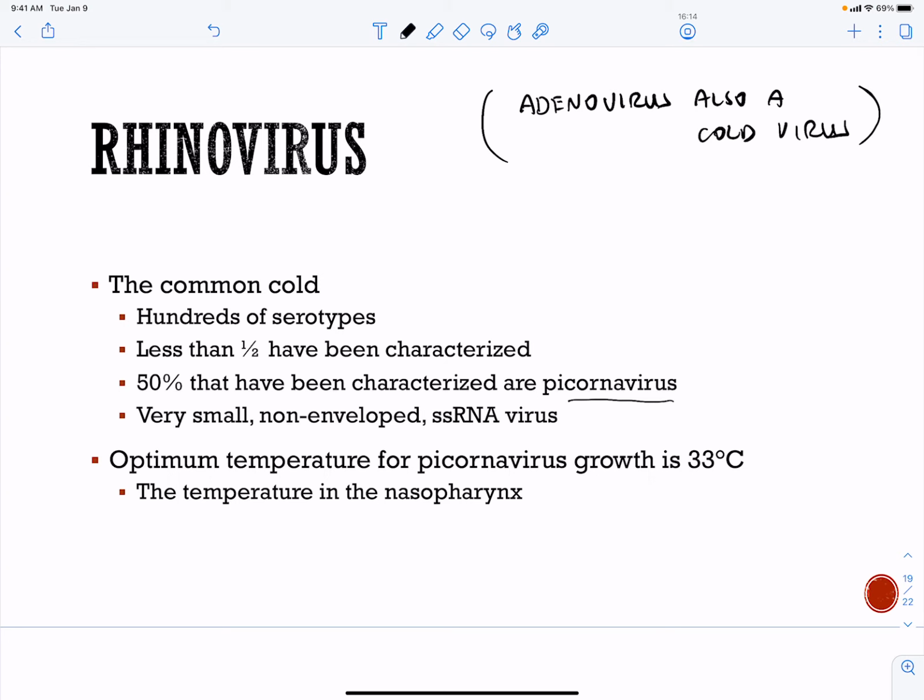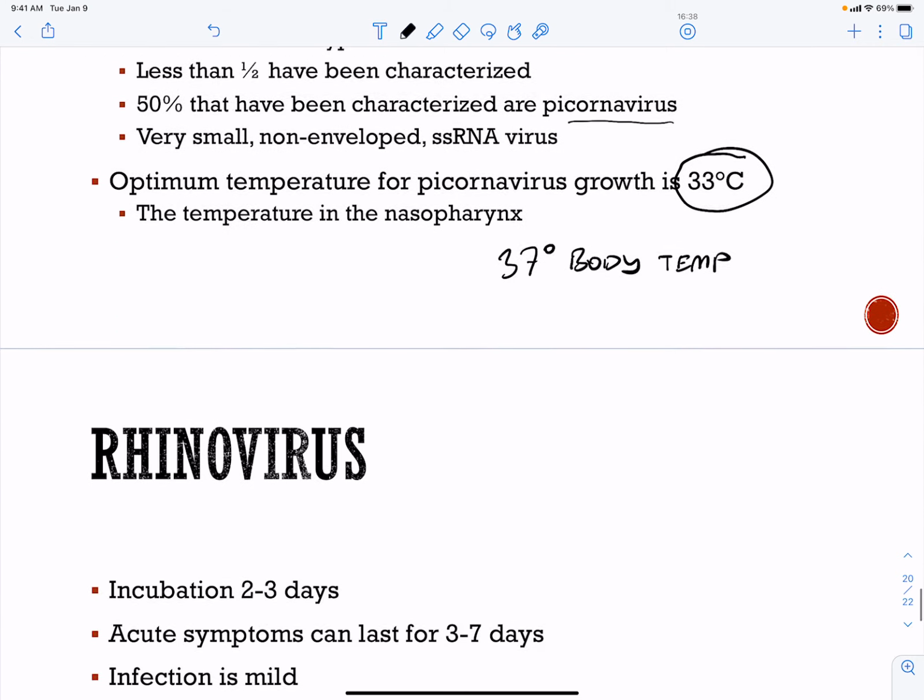They are going to have an optimal growth condition in your upper airway. So our upper airways are typically cooler than the rest of our body. The typical body temperature is 37 degrees. And so you can see that our upper airways are a little bit colder, and these viruses like to grow in these cooler environments, and they do well in those cooler environments.